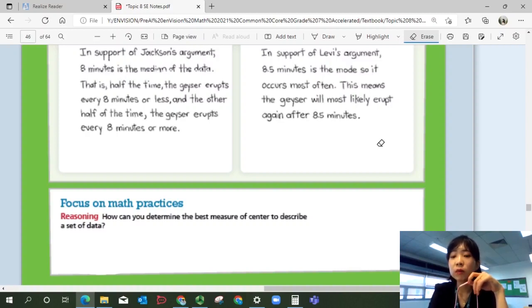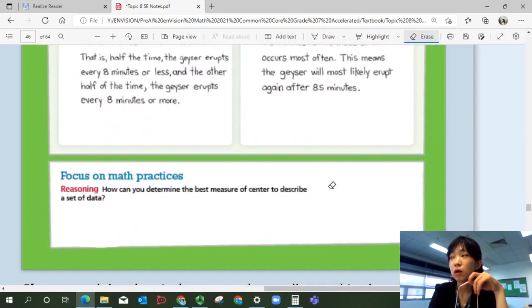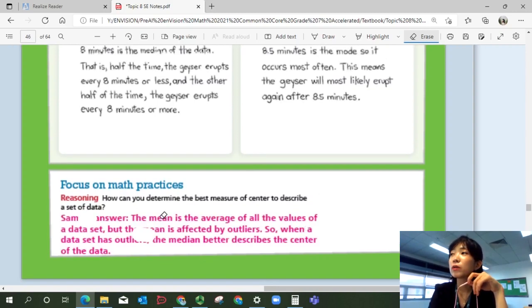We want to consider all of them. And it really depends on the situation and what we want from the data. So we can say that the mean is the average of all the values of a data set, but the mean is affected by the outliers, so maybe it's not the best. When data has an outlier, the median better describes the center of the data.